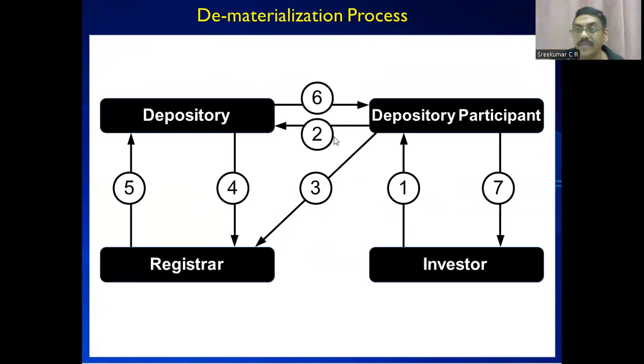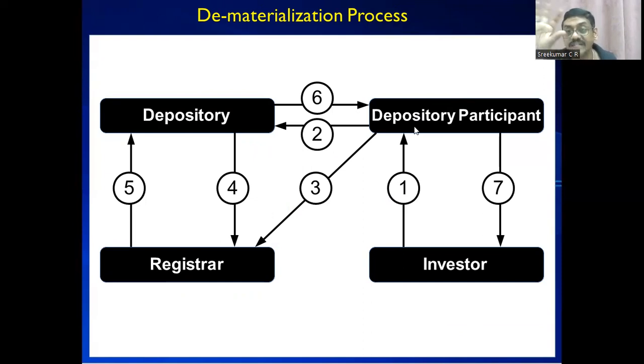Now you can see the dematerialization process, children, starting from an investor. Investor number one is that investor. The investor will approach a depository participant. The depository participant can be a broker or a commercial bank, or any brokerage institution, children, like Kotak Mahindra, HDFC Securities Limited.